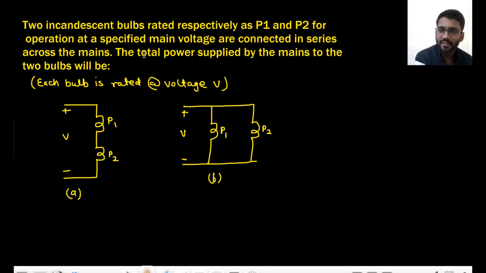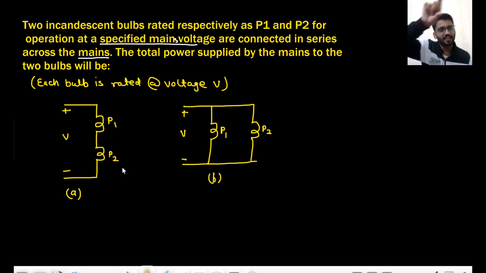Although if you read this statement, what they are saying, operation at a specified mains voltage, are connected in series across the mains. That means this mains only is the rated voltage of both of them. So P1 is having rated voltage of V and P2 is having rated voltage of V. Sometimes it may not be written, so you have to understand that whatever the mains that you have applied, that is the rating voltage of bulb P1 and bulb P2.